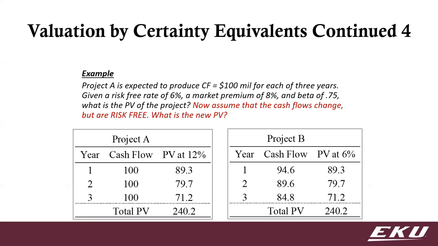Now with those cash flows, you see the certainty equivalent for each of those, the 94.6, the 89.6. When we calculate the present value, just looking at the risk-free rate, so it's the 6% instead of the 12% for the risky firm, we still end up with the same total present value.